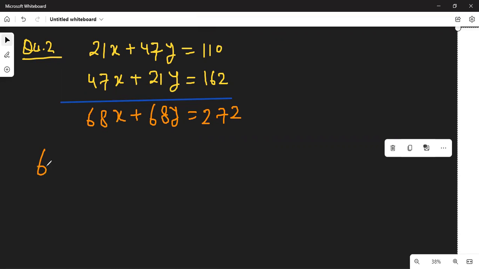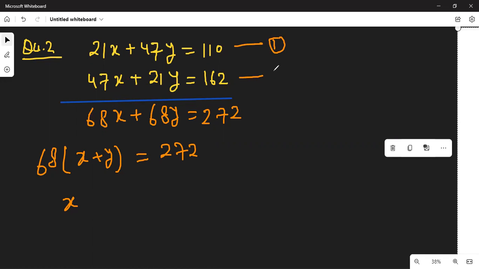Yes, we can see 68 is common. x plus y is equal to 272. Now we can divide both sides by 68. Let's say this is equation 1, the one which was given, and this is equation 2.